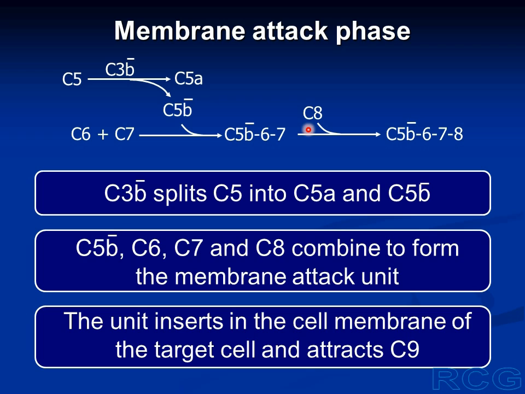complement component C8 also joins this complex. So now we have a complex made up of components 5, 6, 7 and 8, and this complex is known as the membrane attack unit. So now in the membrane attack phase, a membrane attack unit has been formed made up of C5b, C6, C7 and C8.